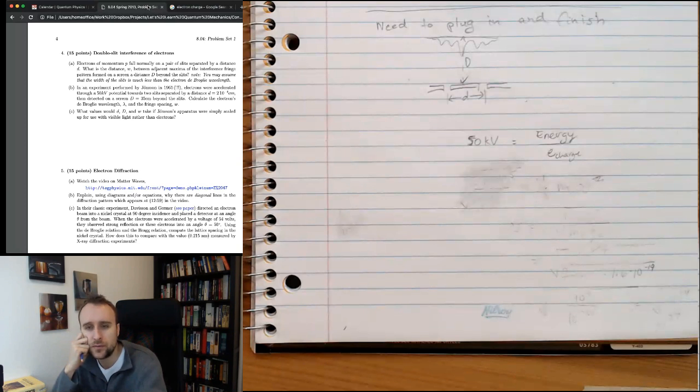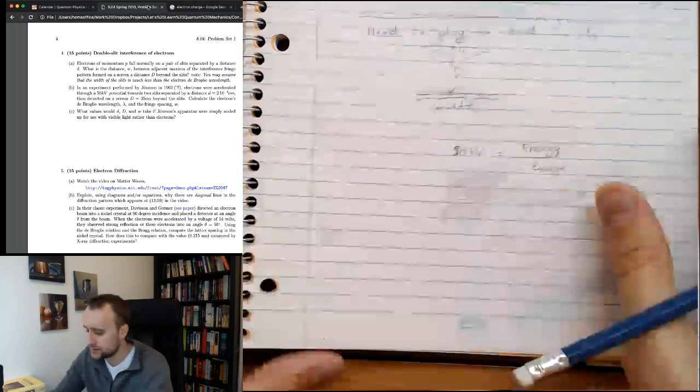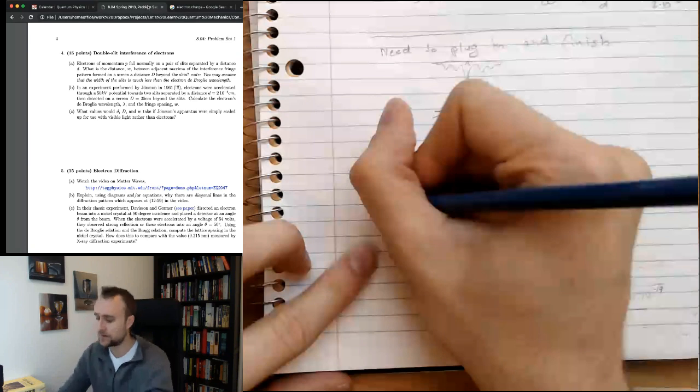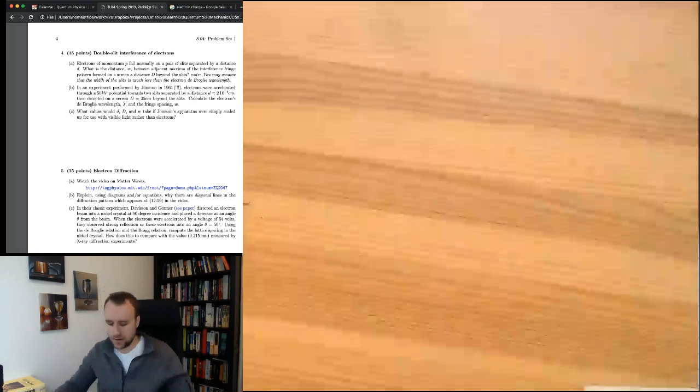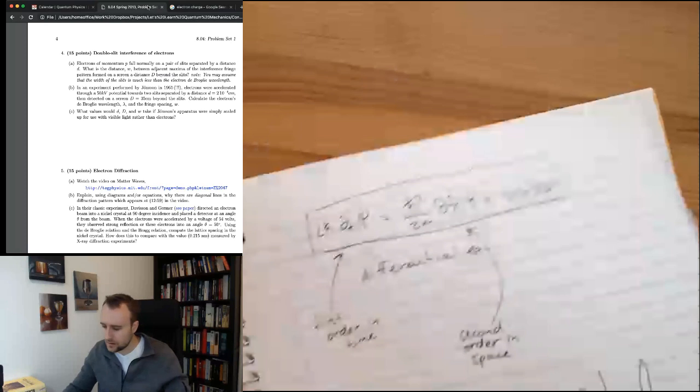So, 50 kilovolt potential. So that's the energy. I think we can do it because we're assuming that the energy is related to the momentum. Now let's get the de Broglie, and then maybe we can avoid that.